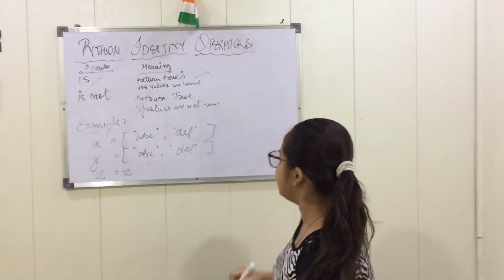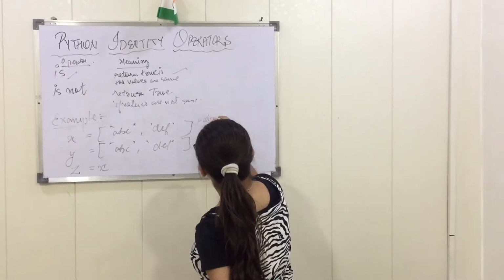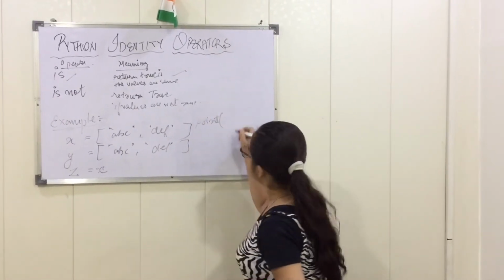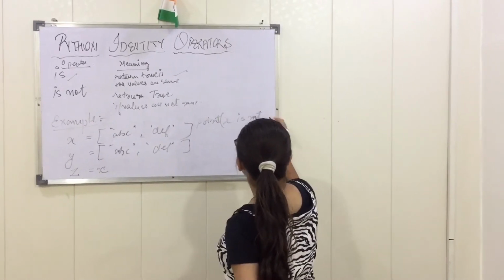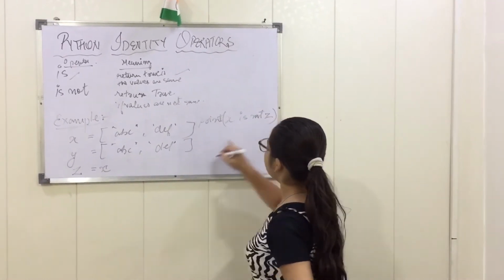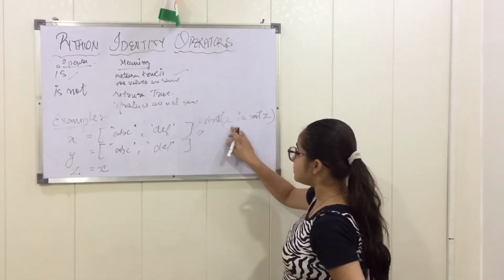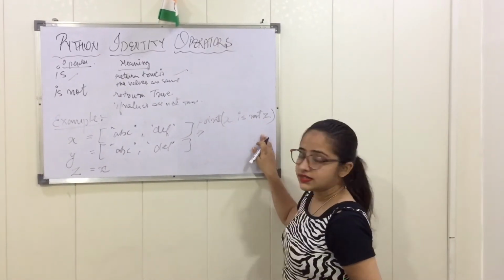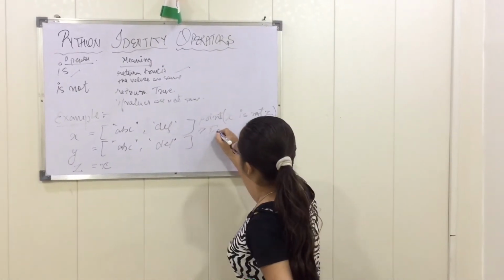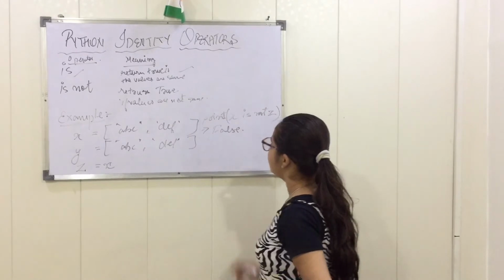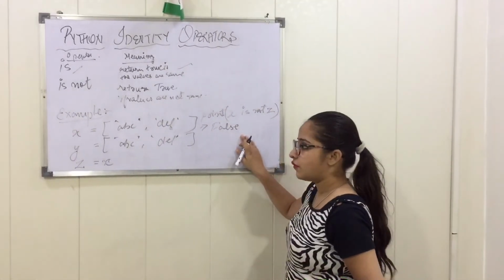First I am asking with the print function if X is not Z. The statement X is not Z is false, because X and Z are the same object, so the answer will be false.